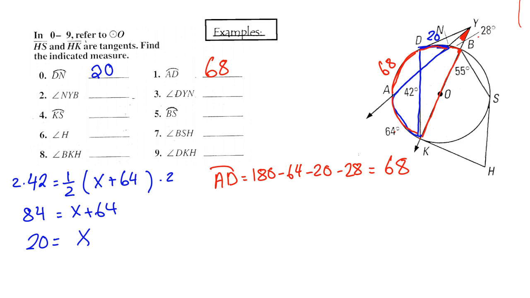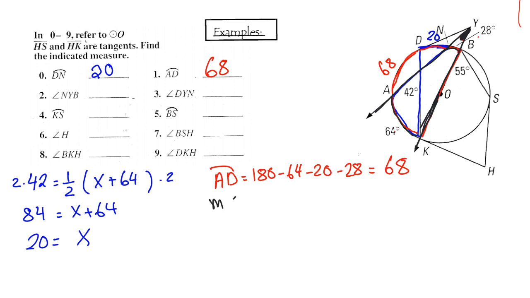So the rule for the exterior angle is half of the difference of the two intercepted arcs. If I extend this one so I can see better, the two arcs corresponding to that exterior angle are 64 and 28.